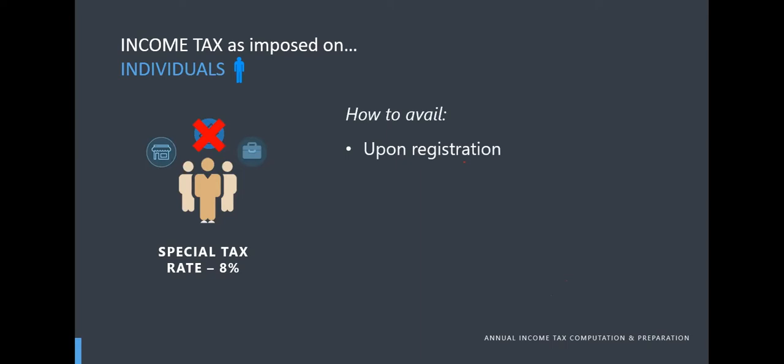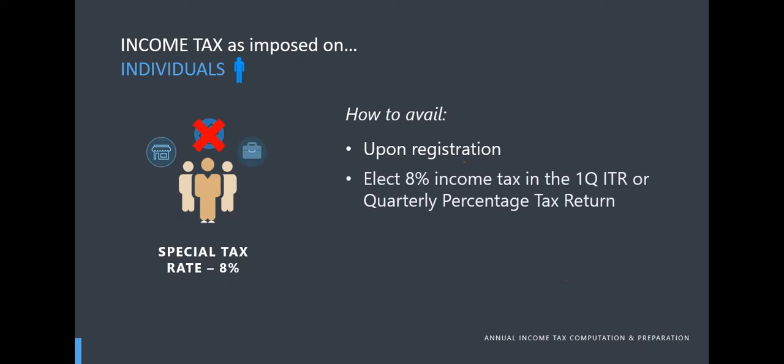So how to avail the special tax rate of 8%? The first option is upon registration. The second option is upon election of the 8% income tax in the first quarter income tax return or quarterly percentage tax return.